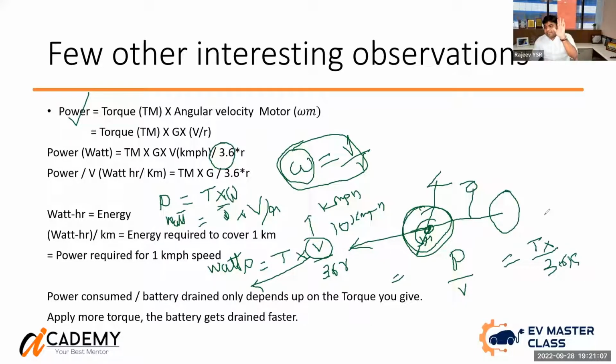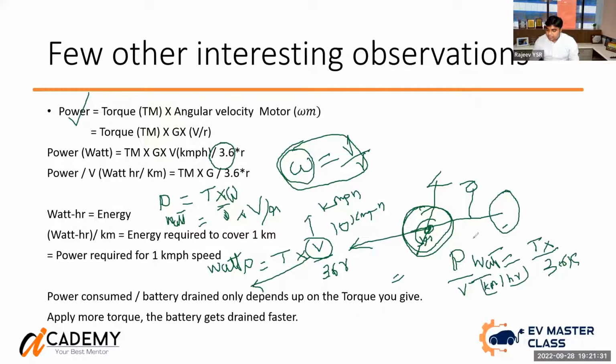Guys, every step is important, so please respond if you are able to follow. Now, what is the unit of power? The unit of power is watt. What is the unit of velocity? The unit of velocity is kilometers per hour.